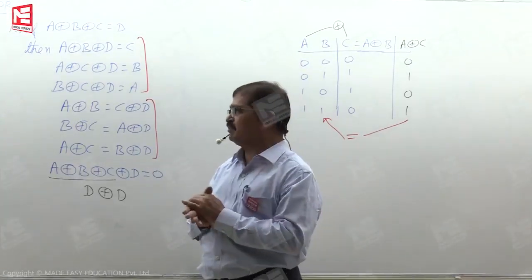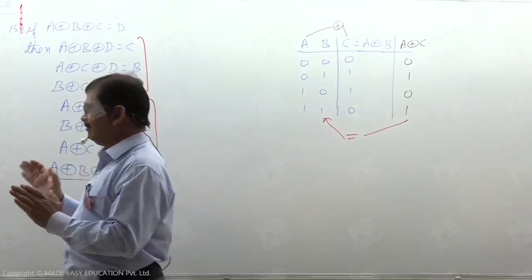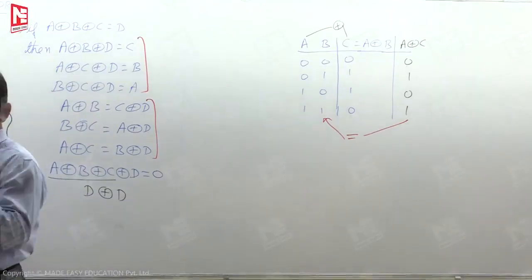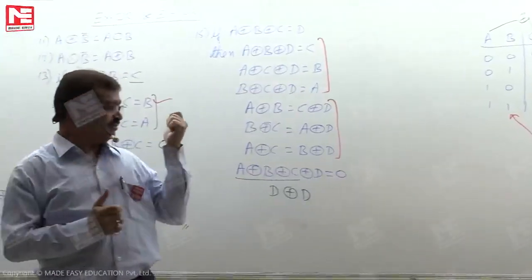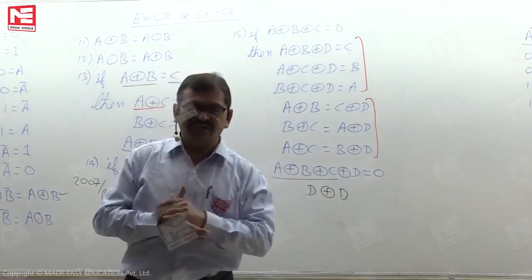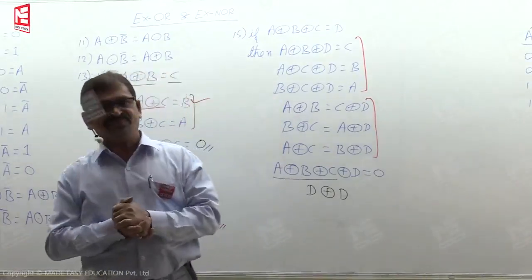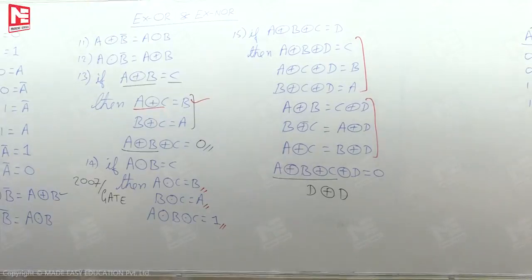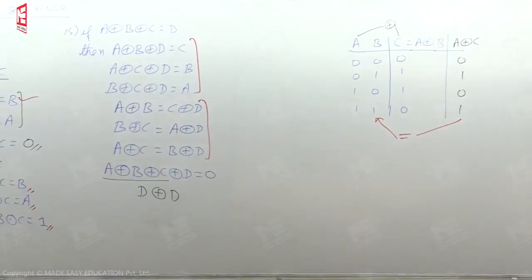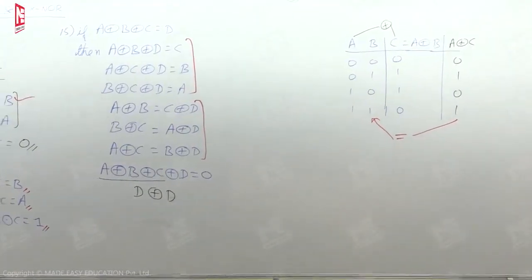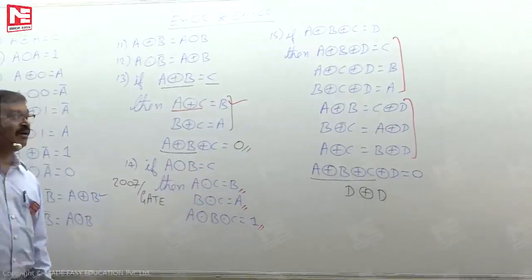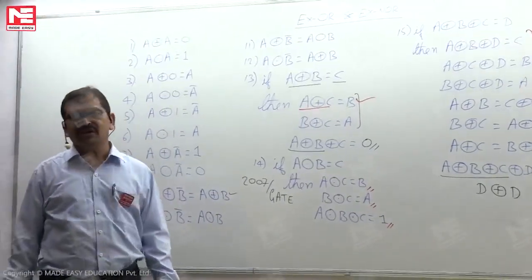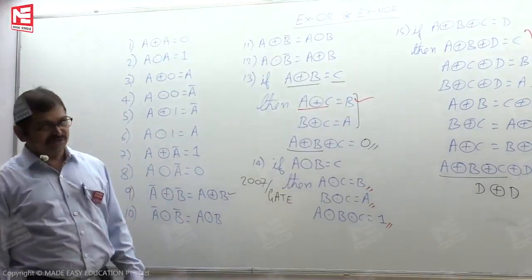If any difficulty, you can post a question. You can verify easily; these relations are true. So these are the few important relations possible on the exclusive or and exclusive nor operations.